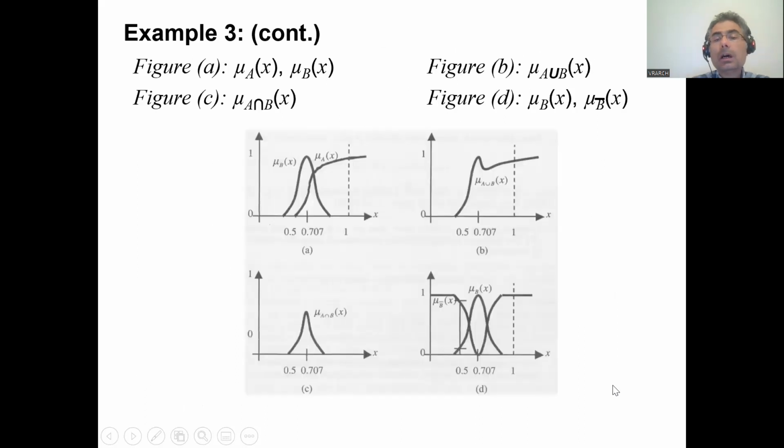So how can you put this into context? You can say these are the fuzzy sets, and the union and intersection and so on. This is for the continuous membership function.